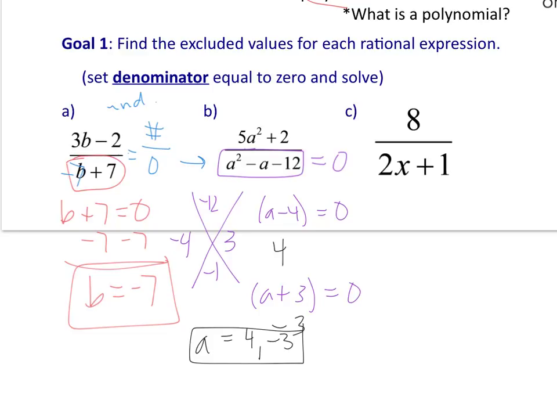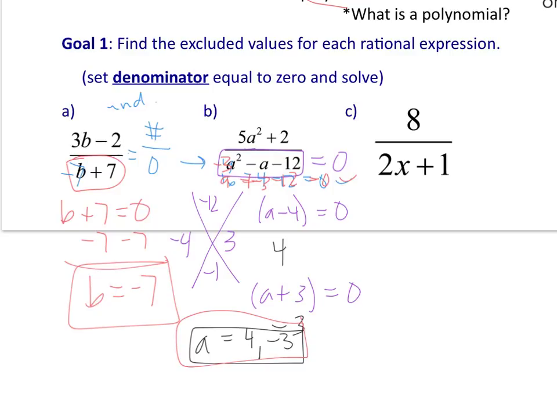Let's test that out. 4 squared is 16, minus 4 is 12, minus 12 is 0. And let's plug in negative 3. Negative 3 squared is 9, minus negative 3, which is really plus 3. So I get 12 minus 12 is 0. So both of those values work in our excluded values.